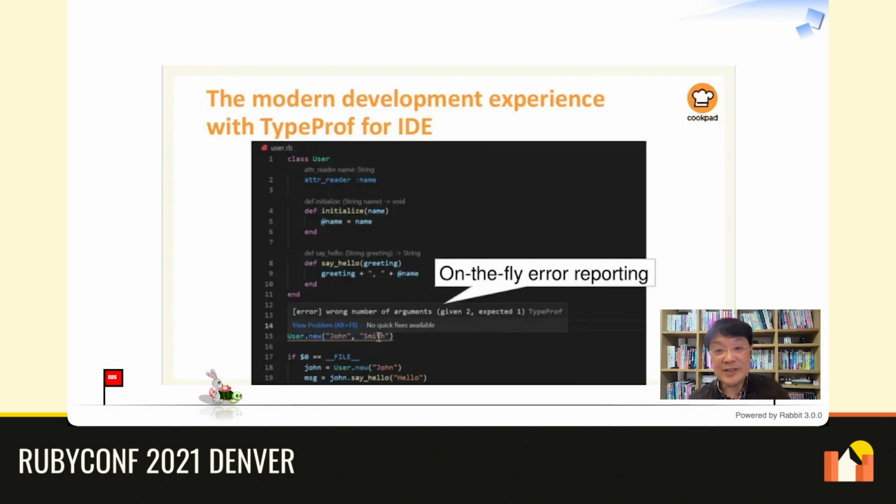In this conference, we have a talk from Endo-san, who is in charge of the TypeProf IDE, and I believe he will introduce TypeProf and the TypeProf IDE in detail.